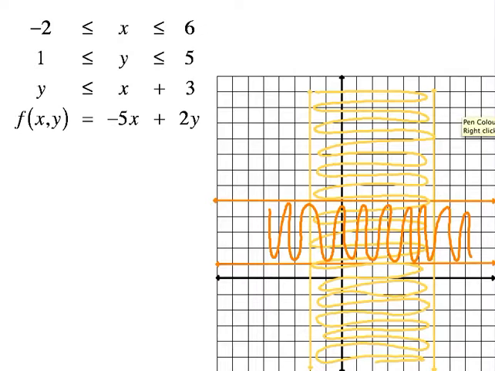Okay, let's look at the last line. What can you tell me about that line? It has a y-intercept of what? 3. So 1, 2, 3. And a slope of 1. So that means up 1 over 1.